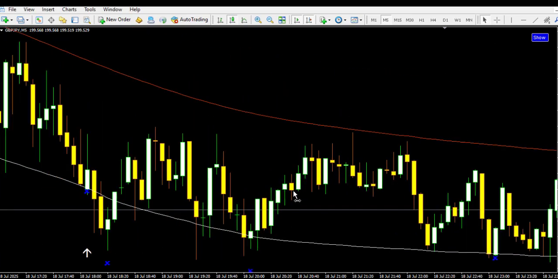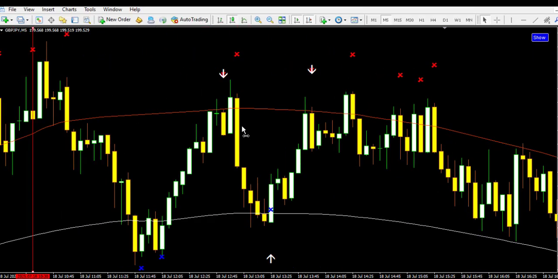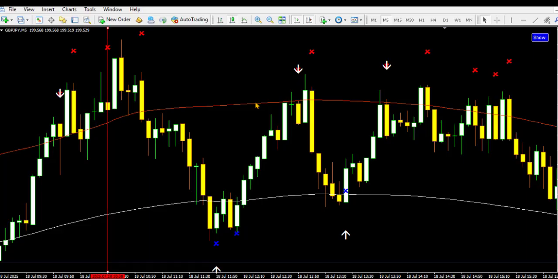So let's look. We have like 1, 2, 3. We have 3 set trades here on this chart, and all the 3 trades that we took based on the higher time frame on 30 minutes, that we took on the 5 minute time frame, did deliver.